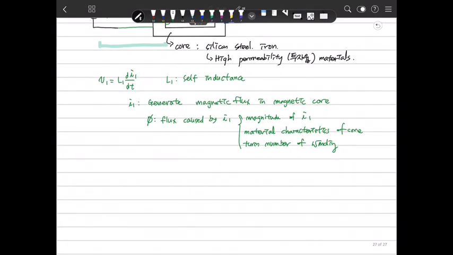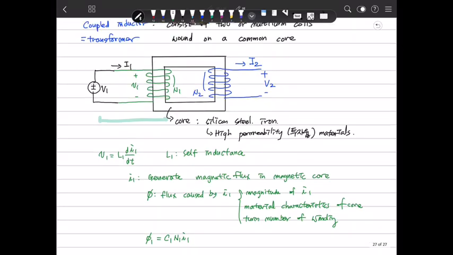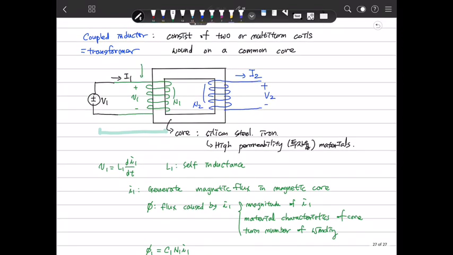So let phi1 be the magnetic flux caused by the current I1. It can be written as C1 N1 I1, where I1 is the current of the primary winding. We call this the primary winding, and this the secondary winding.